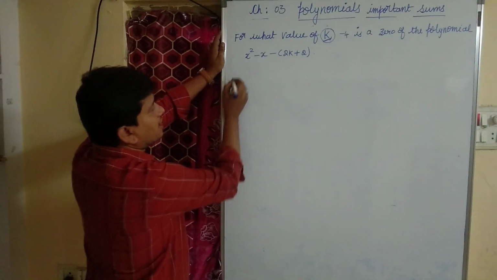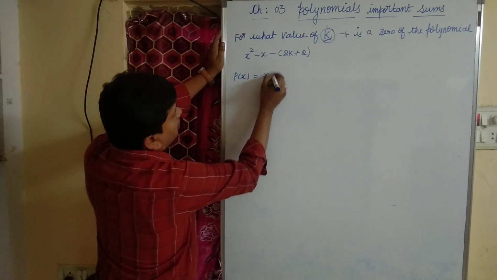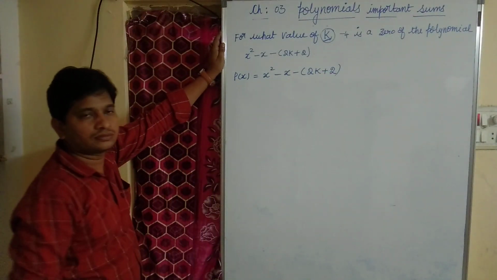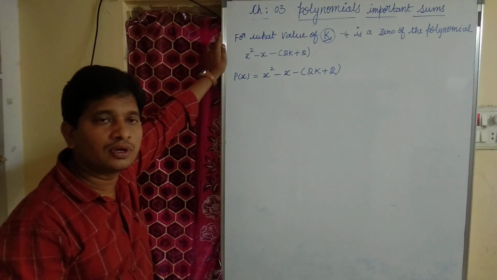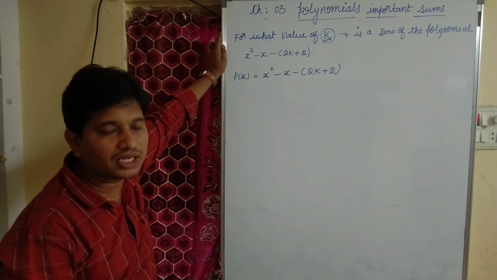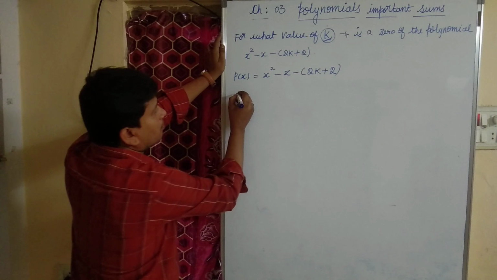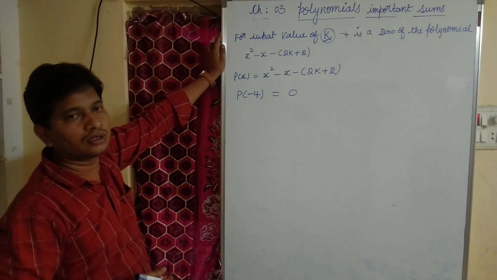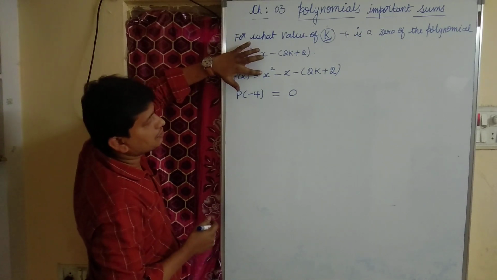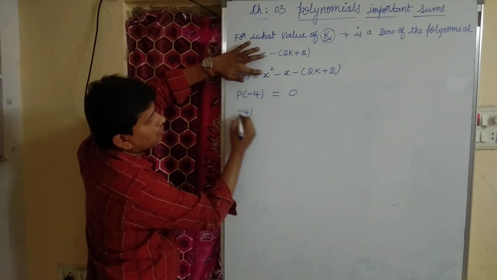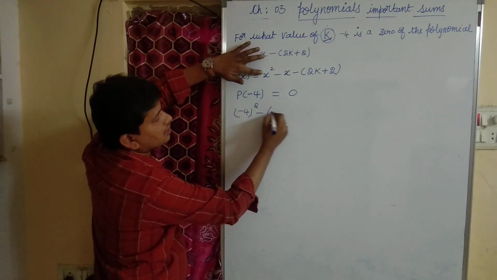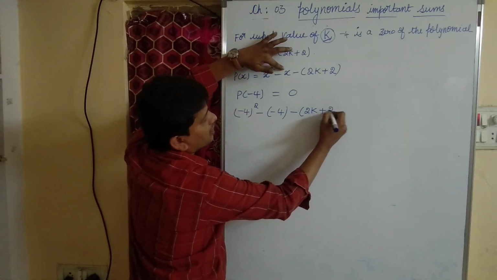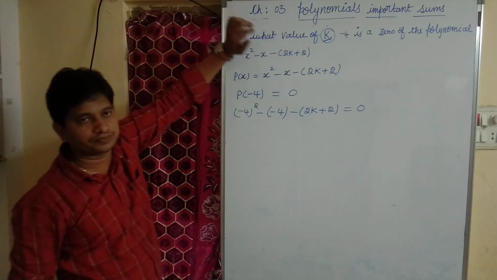Consider the given polynomial as p of x equal to x square minus x minus of 2k plus 2. They said in the question itself minus 4 is a zero of the polynomial. I mean p of minus 4 is equal to 0. I mean in place of x we need to substitute minus 4. So minus 4 whole square minus minus 4 minus 2k plus 2 equal to 0.